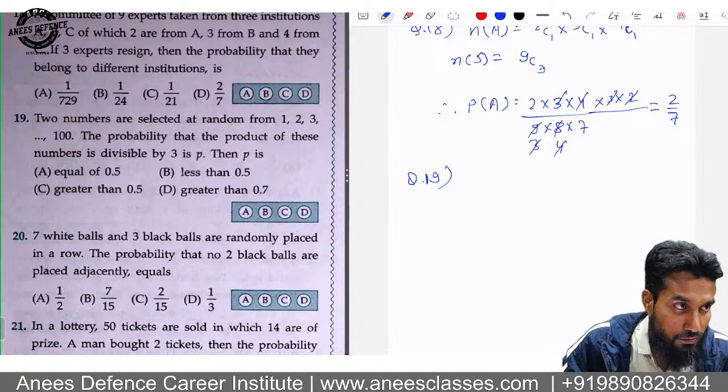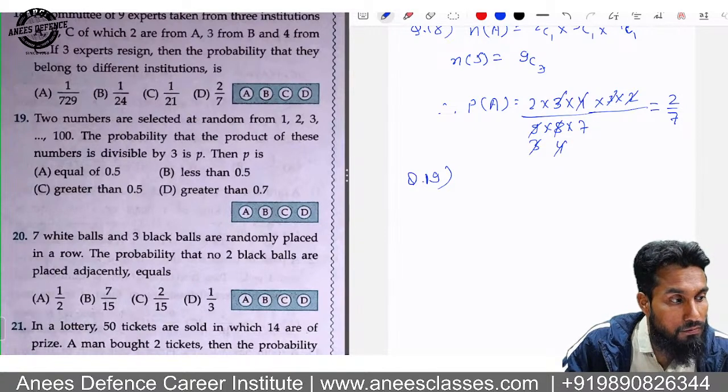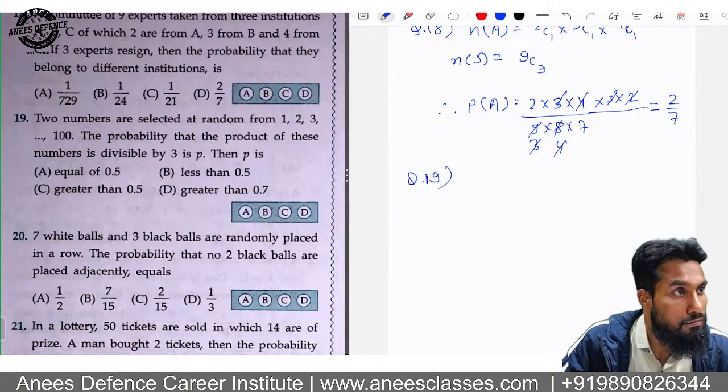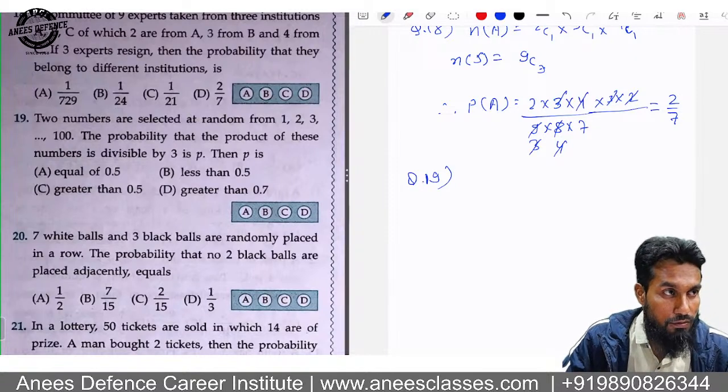You have to take another case also, you are taking only one case. There can be both of the two numbers which are divisible by 3 only. Yes, that is also a case.